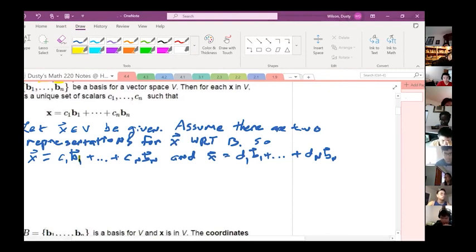So what I'm saying is it's not unique because I've got one representation for x that uses yellow c's, and I've got another representation of x that uses blue d's.